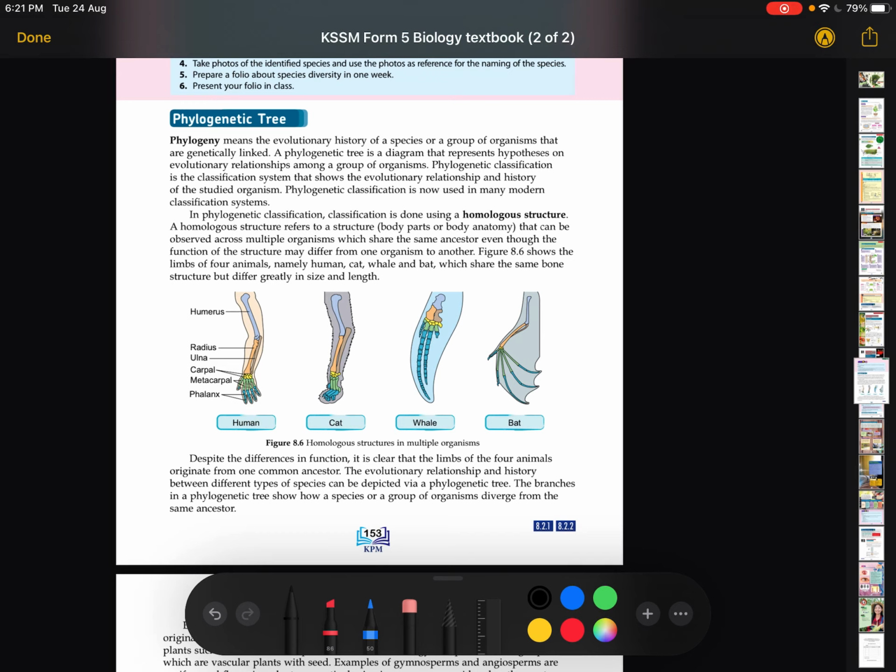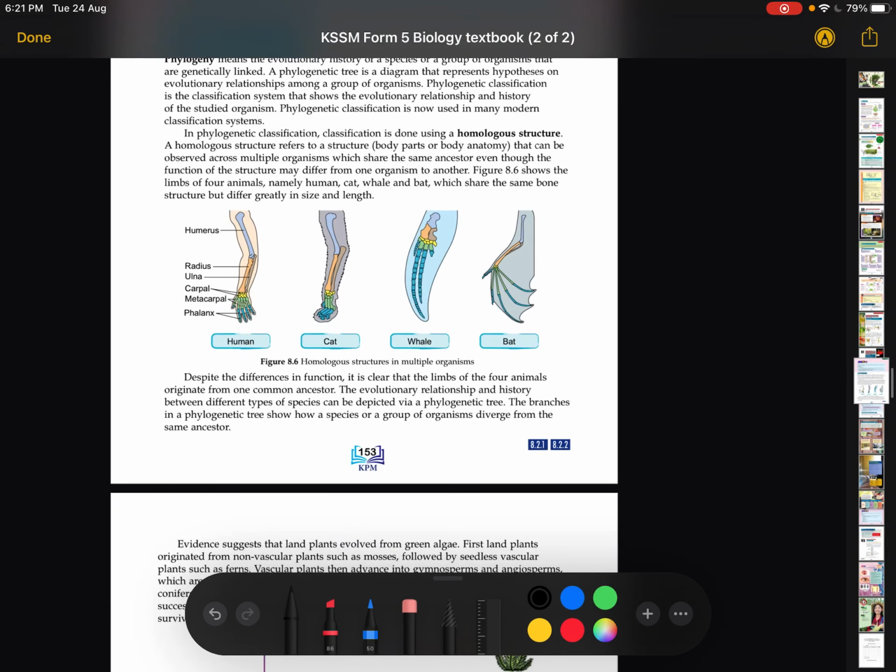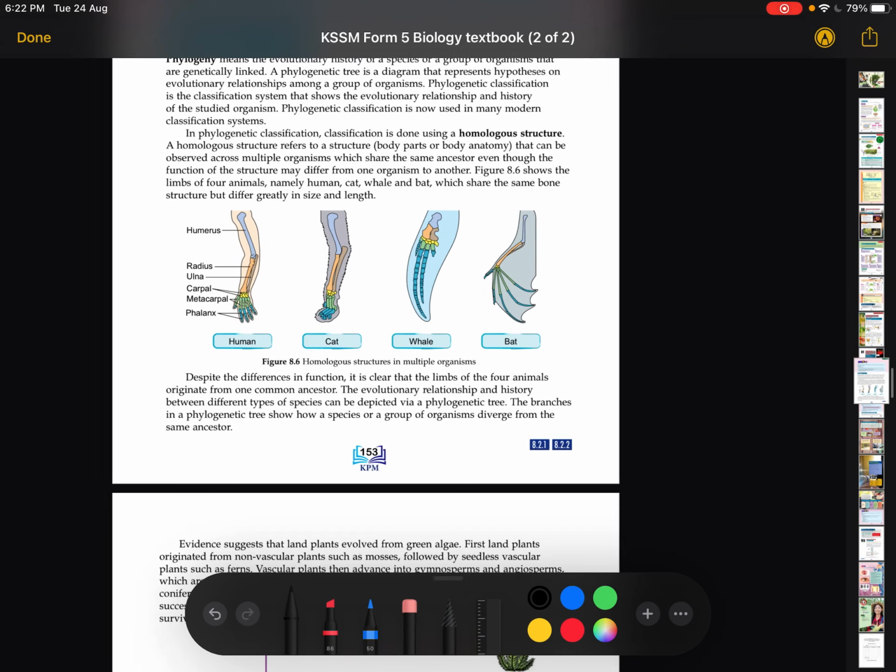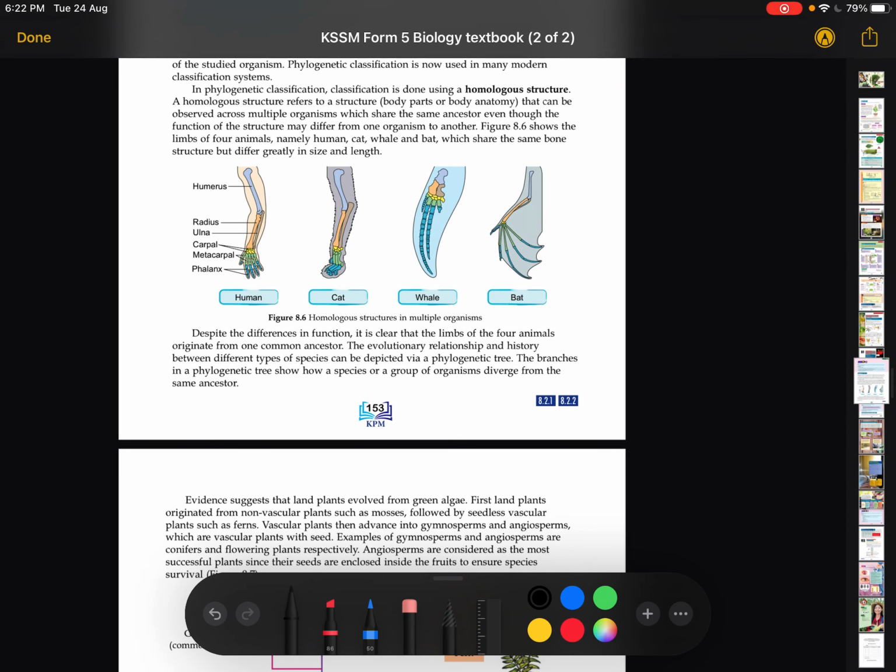Like maybe back then we were related to fish, but now we're not, and maybe some fishes are related to each other, but now they're not, and so on. So this phylogenetic tree shows how these species have evolved over time. How did they differentiate from each other?